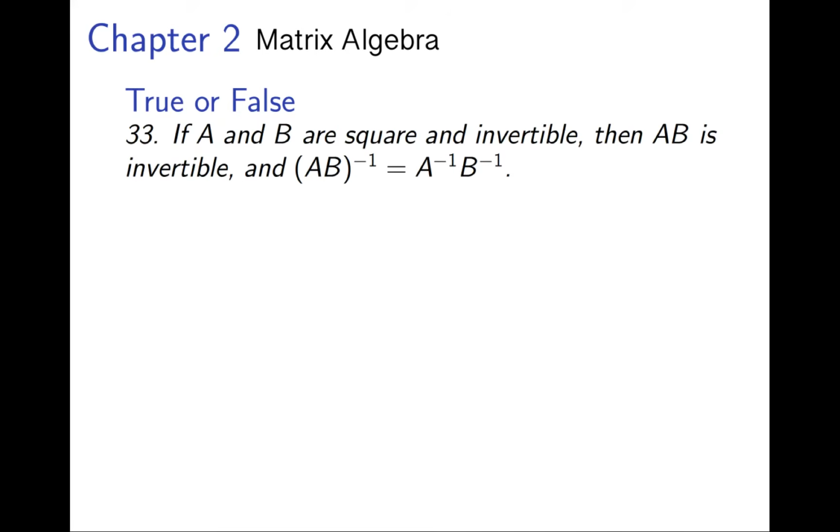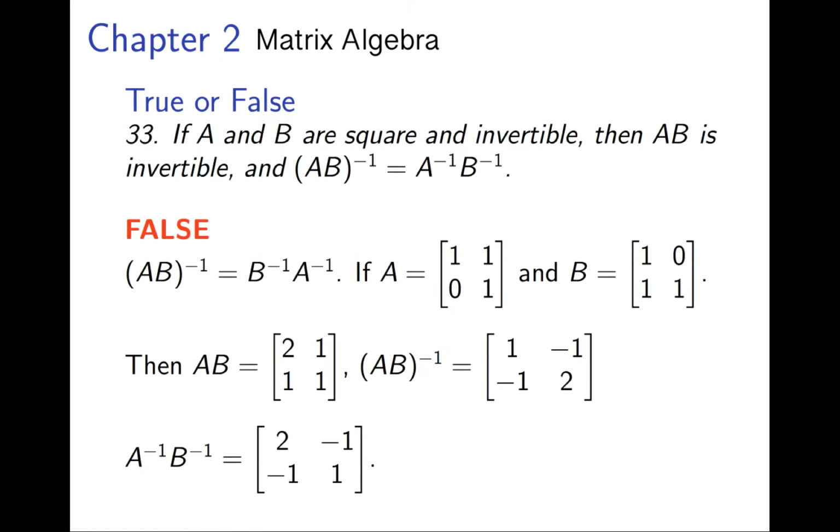Number 33. If A and B are square and invertible, then AB is invertible, and AB inverse equals A inverse B inverse. Well, the first part is true. AB would be invertible, but the second part is not so true. AB inverse is equal to B inverse A inverse.